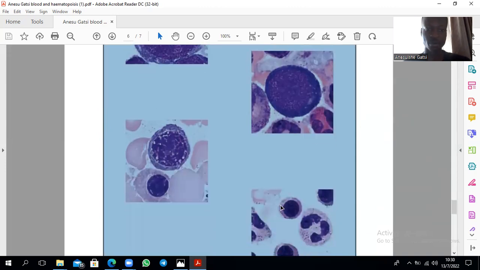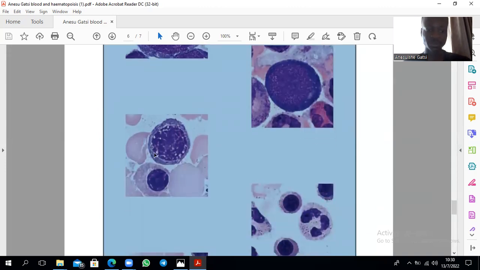Then from there, we move on to this one. This one, it's a polychromatophilic erythroblast. Right? This is polychromatophilic. This one is the basophilic that I just showed you there. This one is polychromatophilic.